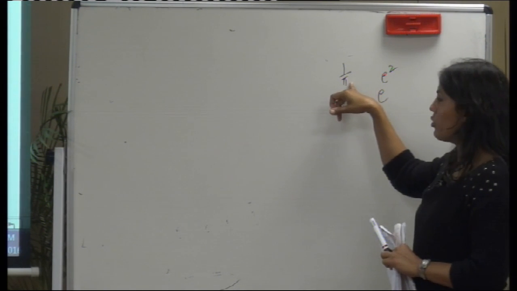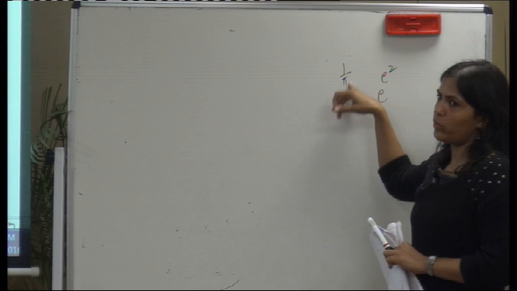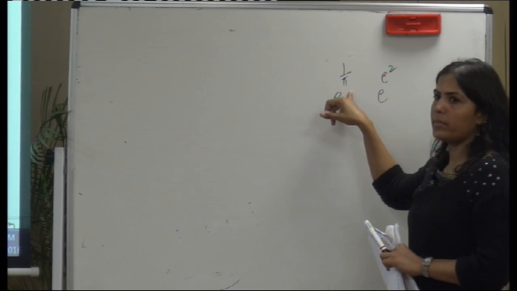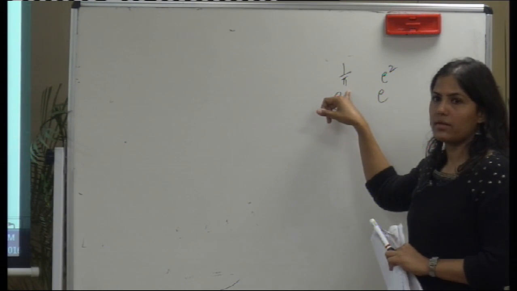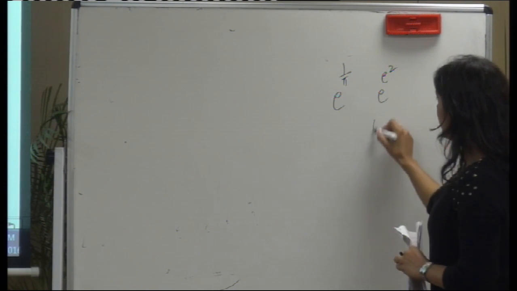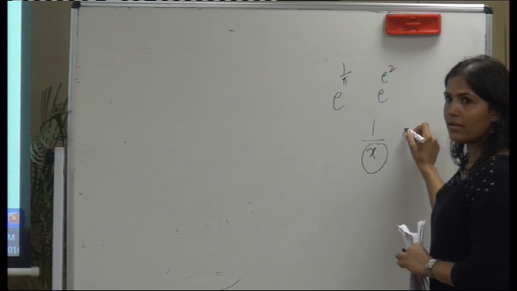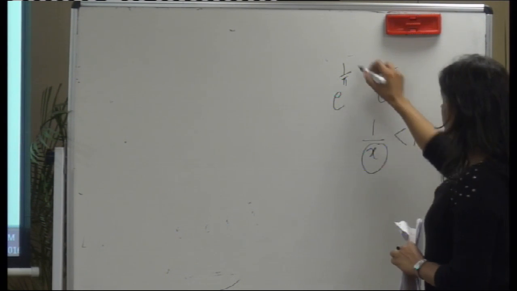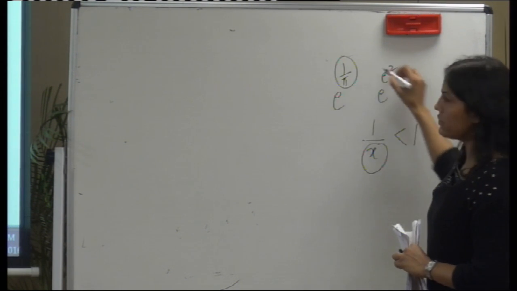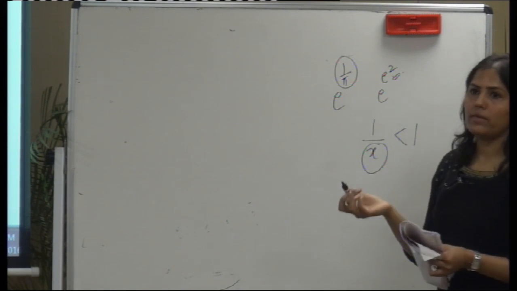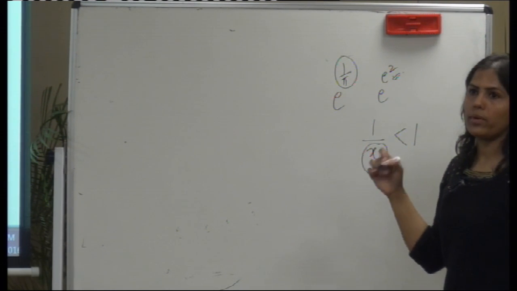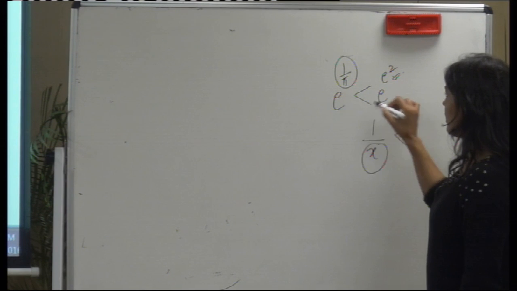And then pi is how much? 3.14. So 1 upon any positive number is always less than 1. So this number is less than 1 and this is greater than 1. So e square is greater than 1 upon pi. So this number is bigger.